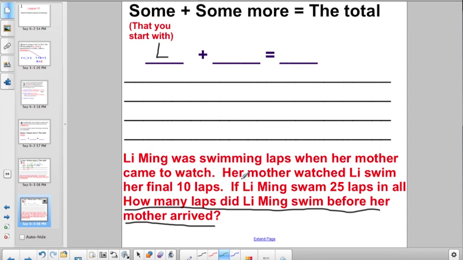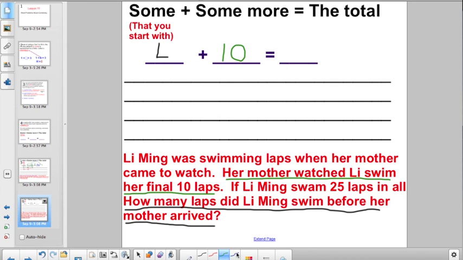Let's take a look at the rest. Her mother watched Li swim her final 10 laps. That's not to say she swam only 10 laps. It's her final 10 laps, some more of what she swam.